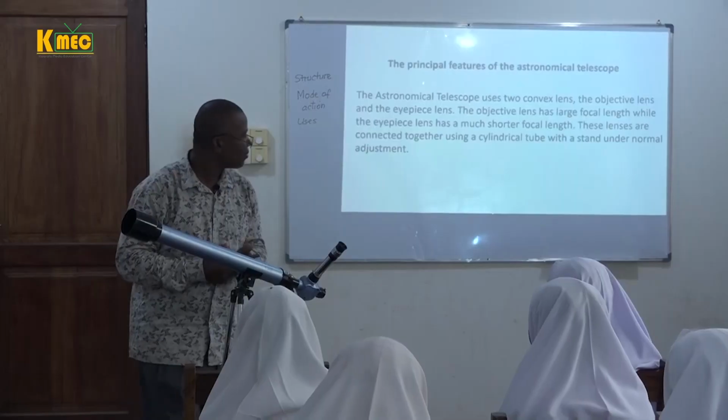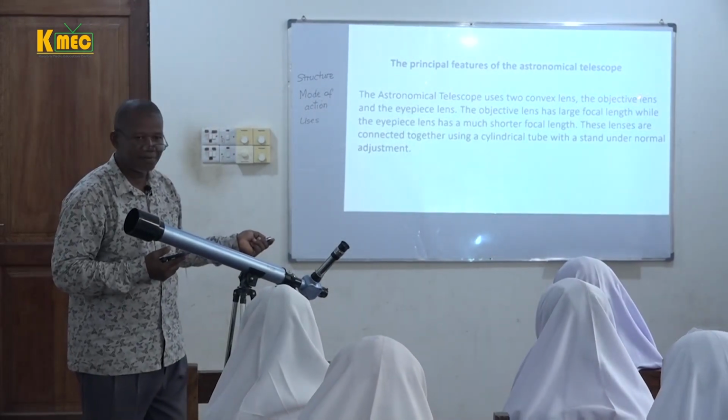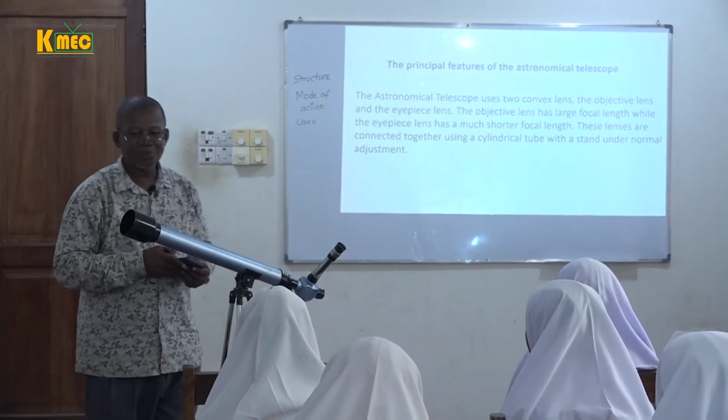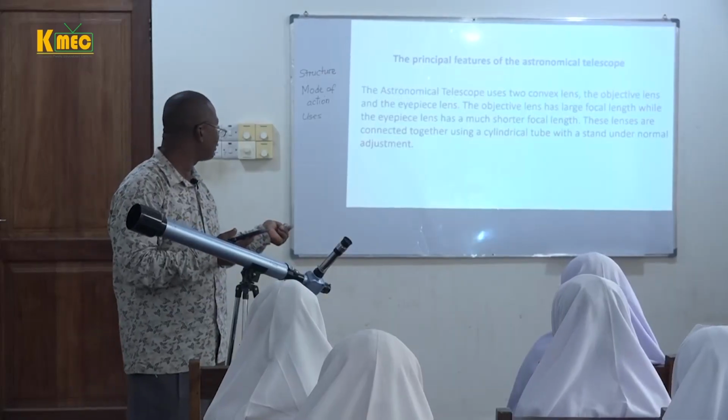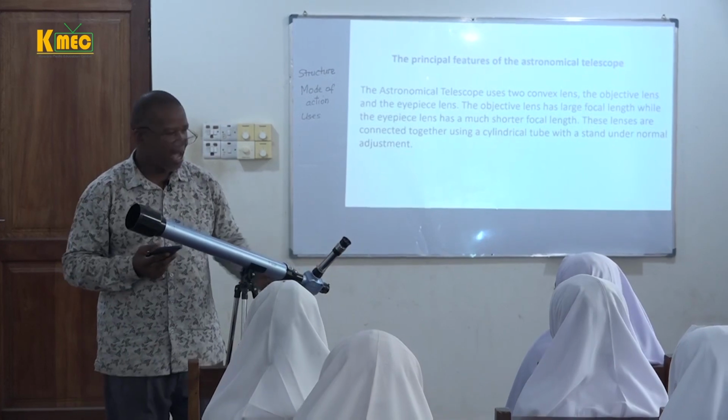This is called the astronomical telescope. The first one is the objective lens, found here, whereby the object is being viewed. Then the second one is the eyepiece.